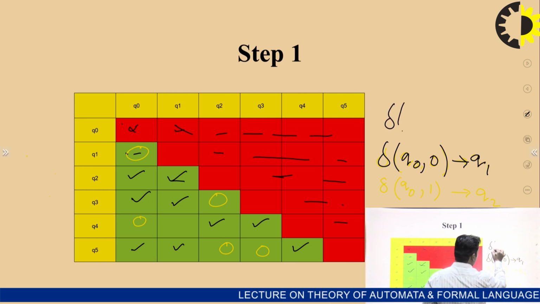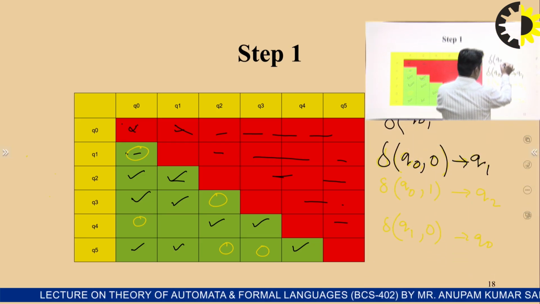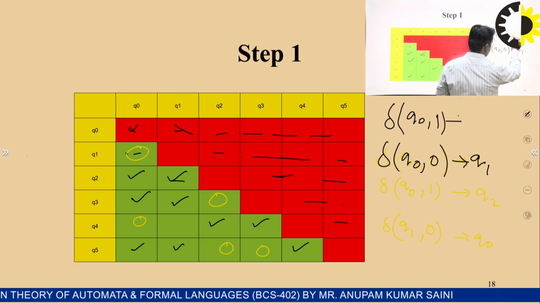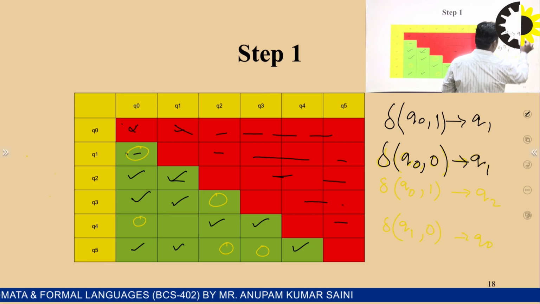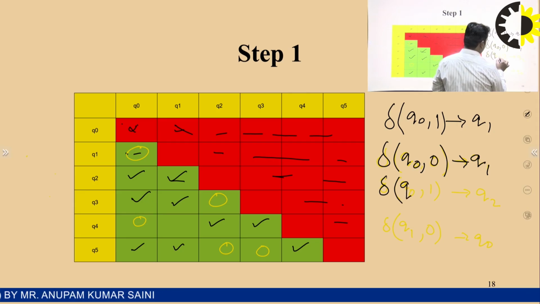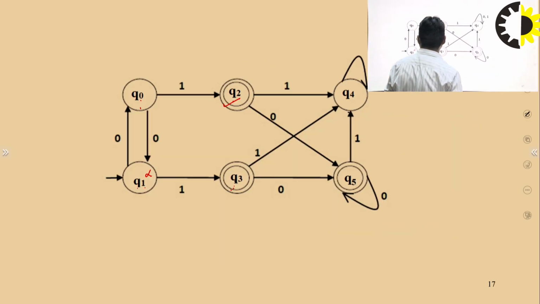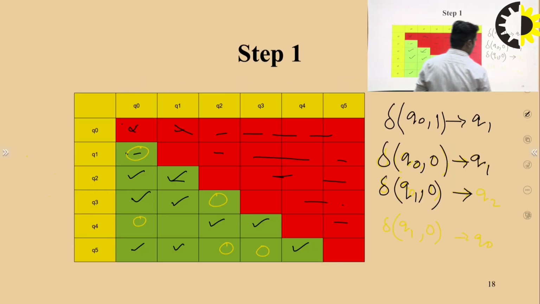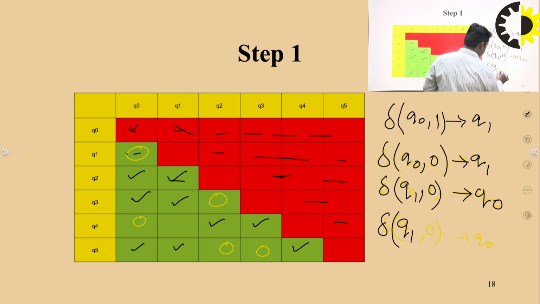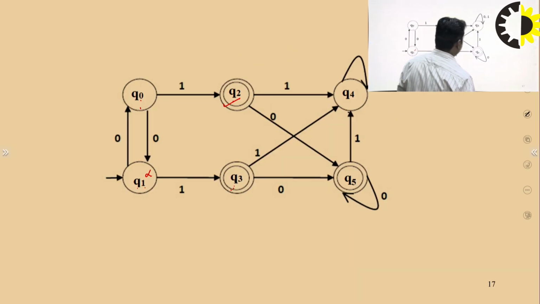When Q0 is 1, next state is Q2. And when Q1 is 0, next state is Q0. When the transition is Q1 and input symbol 1, then next state is Q2.